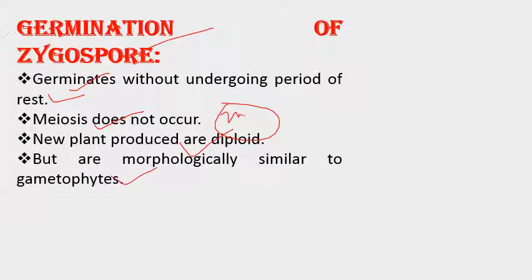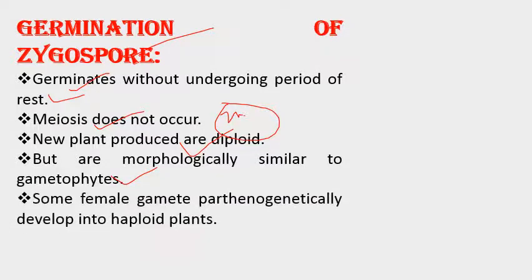But in some cases, जो female gamete है वो directly germinate करता है to form the gametophyte. So the plant will be haploid because the female gamete is haploid. So some female gametes develop parthenogenetically. Parthenogenetically means formation of a full individual from the female gamete without undergoing fertilization. So this female gamete can produce a haploid plant by parthenogenesis.